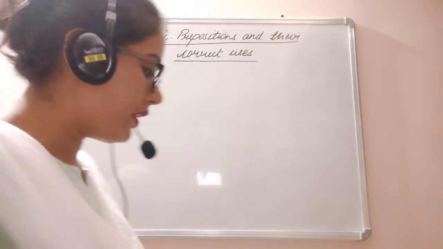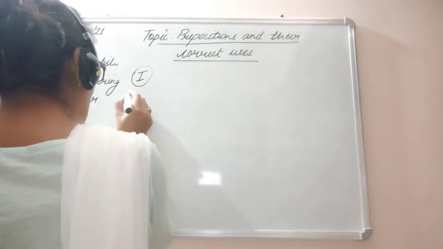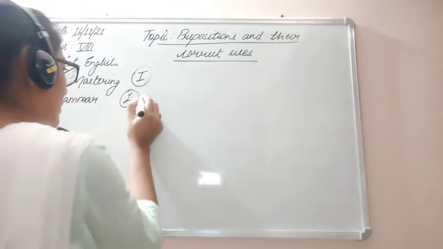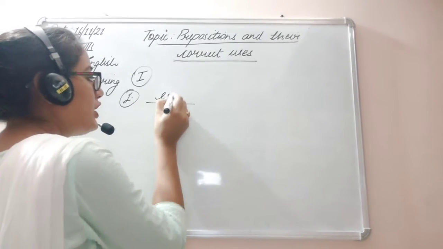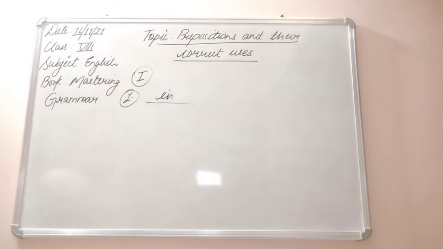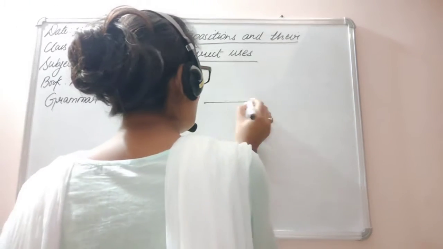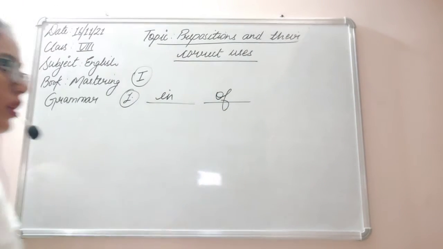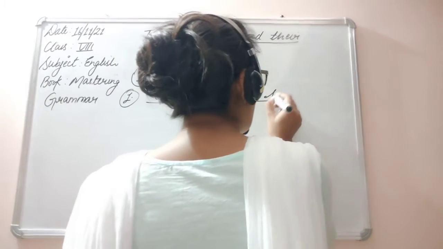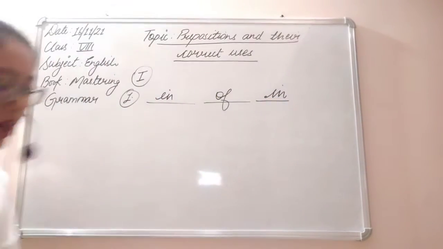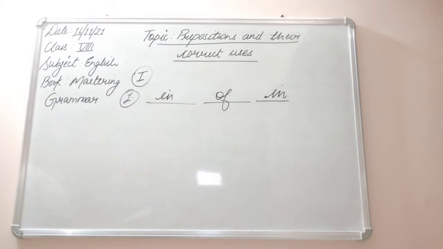Okay, let's begin with the answers. Answer number 1: people who are in favor of zoos argue that they play an essential role in conserving rare animal species.